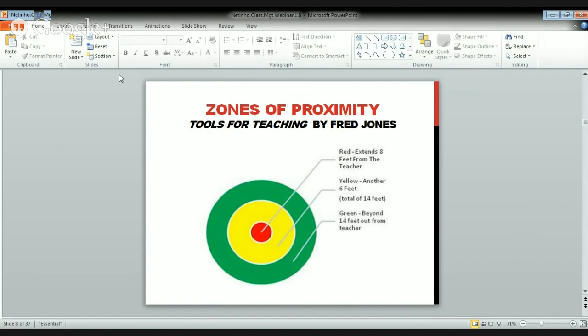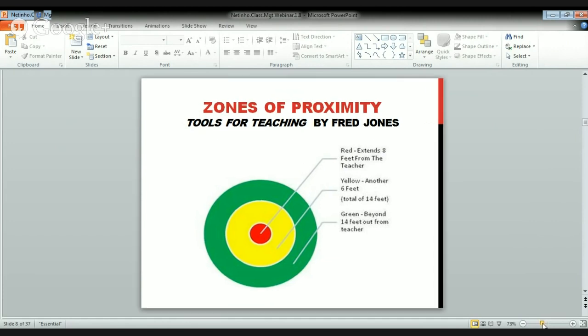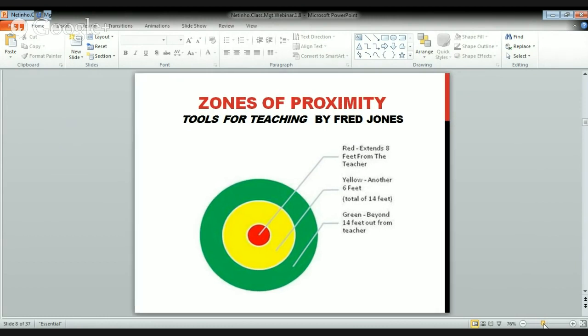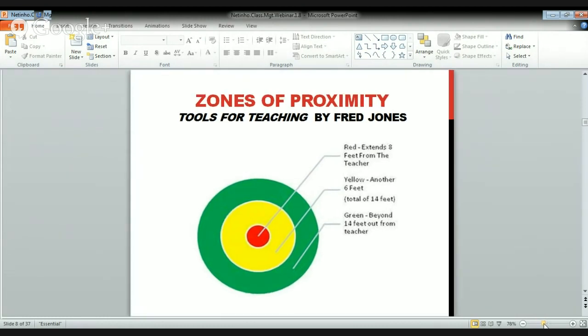Okay, let's look at the concept of zones of proximity. This is an extremely effective tool to manage in your classes. Fred Jones mentions it in Tools for Teaching if you wanted more information, but this concept of proximity has been around for decades. Please take a look at the diagram. Okay, you're the teacher, and you are in the middle of the red circle. There are students sitting around you who are also in that red circle.